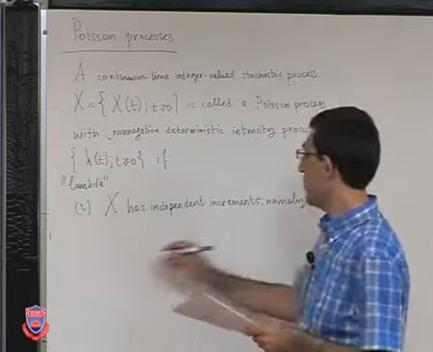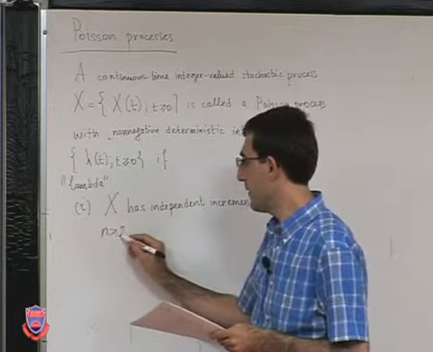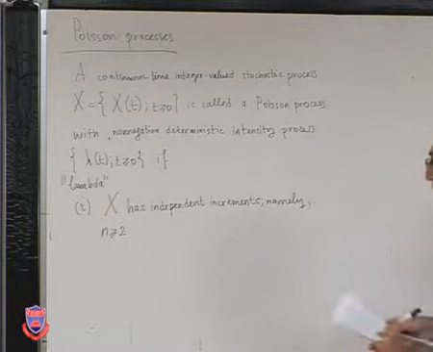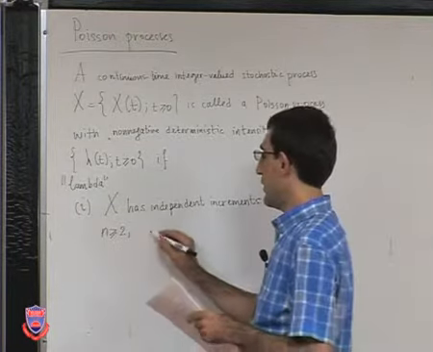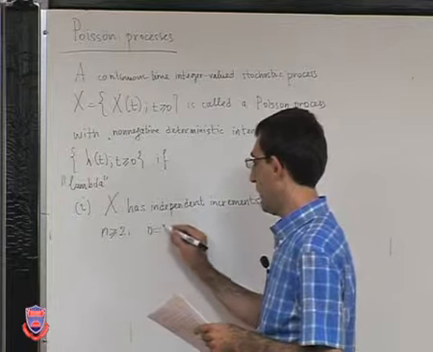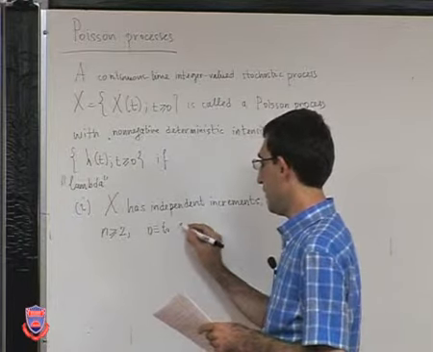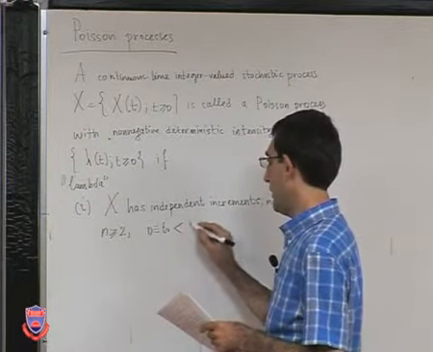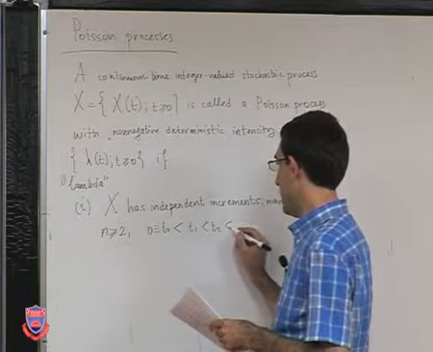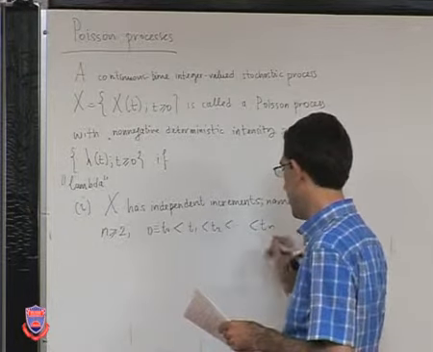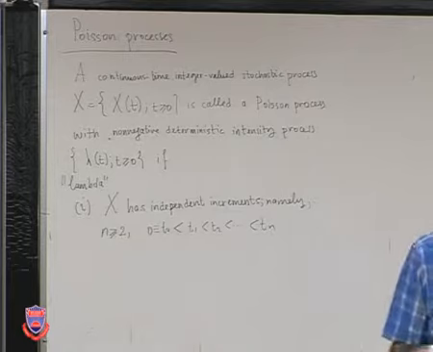For every integer n greater than or equal to 1, and for every real number, we'll denote 0 by t0, t1, t2, and so on till tn.